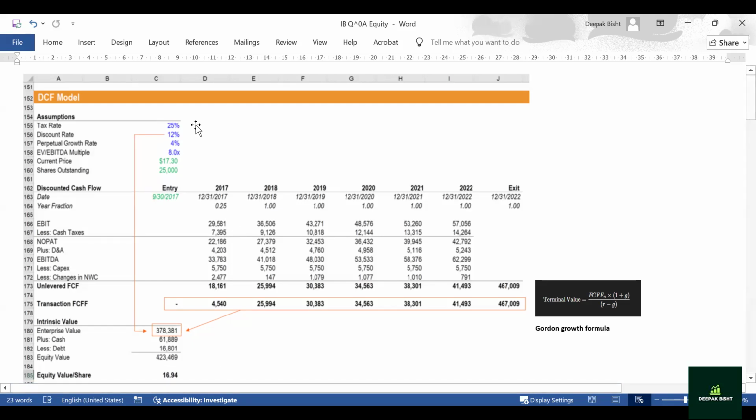At least they have to earn this to satisfy all the investors. A lower WACC suggests cheaper financing, while a higher weighted average cost of capital indicates that capital is more expensive due to higher risk. So the higher the weighted average cost of capital, the more risk in the company.